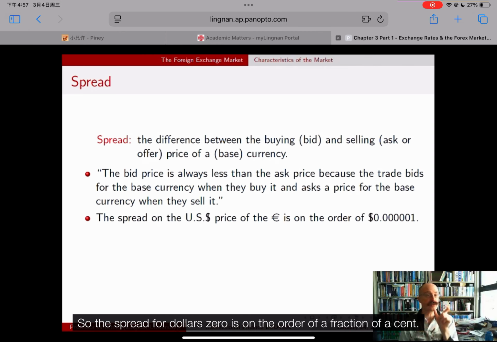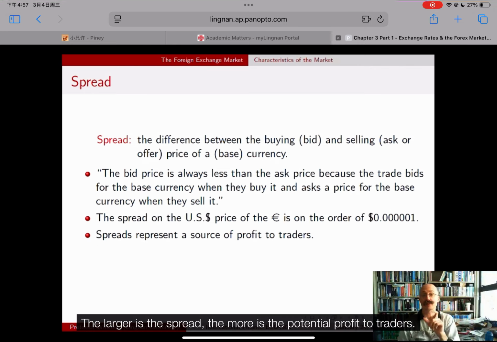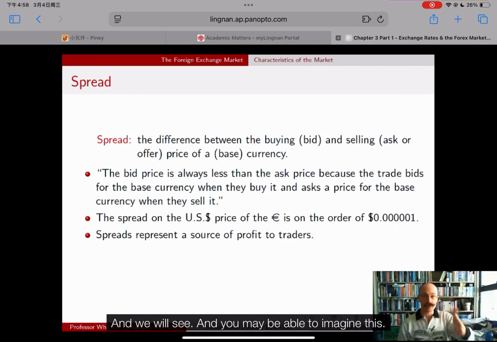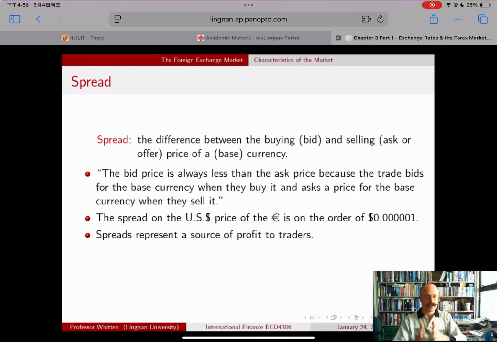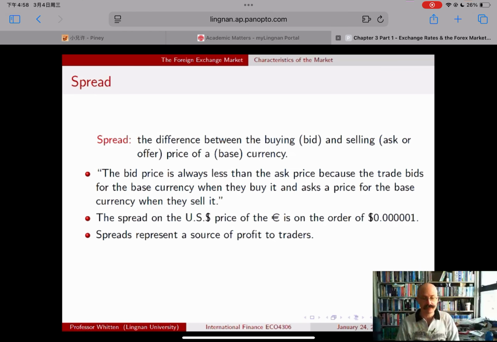So the spread for dollar-euro is on the order of a fraction of a cent. The larger the spread, the more the potential profit to traders, and we will see, and you may be able to imagine this, the larger the spread, the more quickly it will get closed.